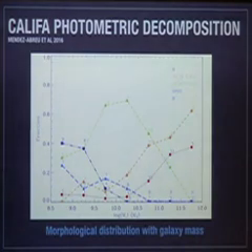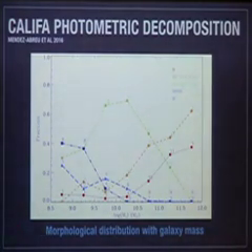This is a similar figure to the one that I showed you in the introduction, where I showed the mass fraction of the bulge and the disk as a function of the stellar mass. So this is the same one, showing that big bulges dominate the high mass end, but when you move to the low mass end, you don't have bulges at all. And this is still a problem for cosmological models of numerical simulation, reproducing the high fraction of galaxies with small bulges that you have at low masses.